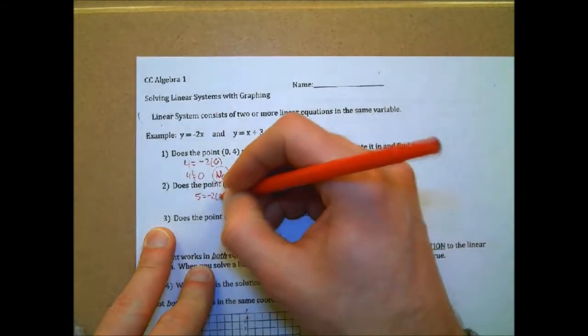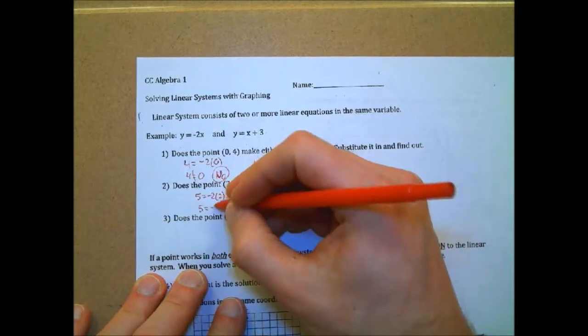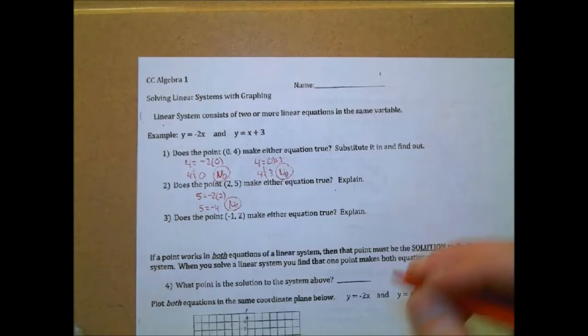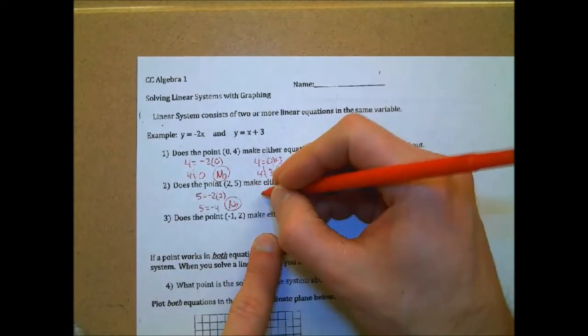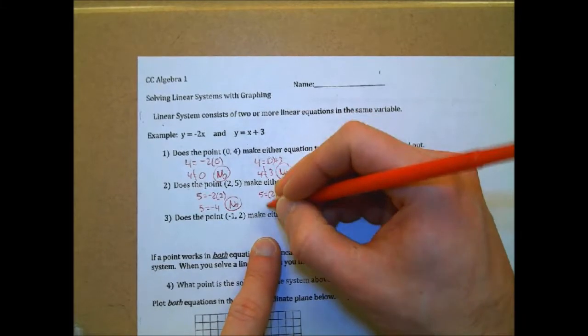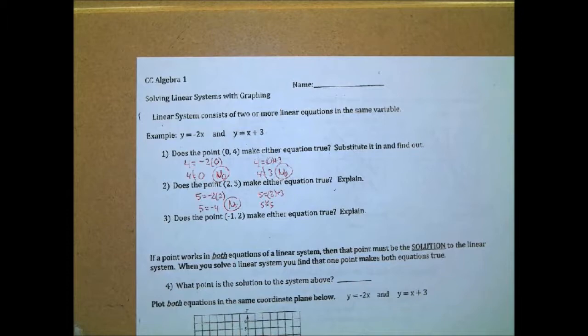That's right. And what is negative 2 times 2? Is that true? No. Then we'll try this one right here. Plug in 5 for y and 2 for x again. And 2 plus 3 is 5. 5 equals 5. We get it to work for the second one.